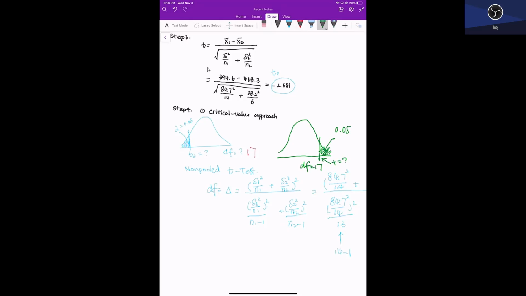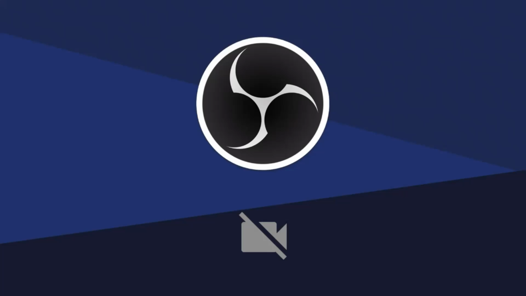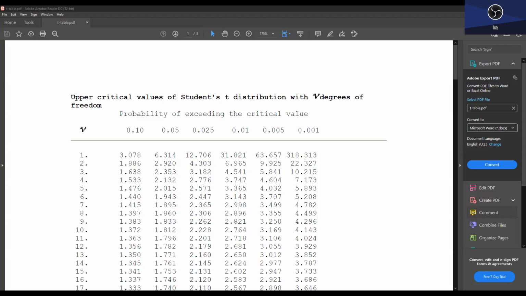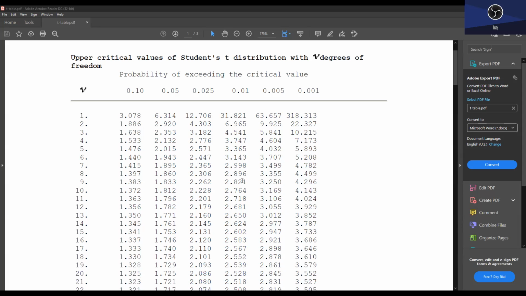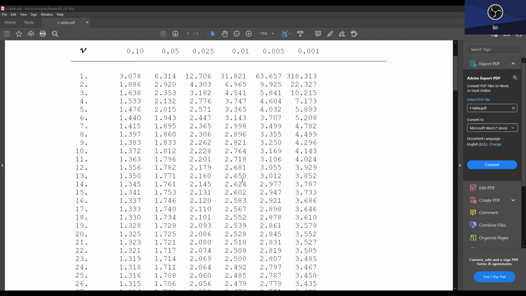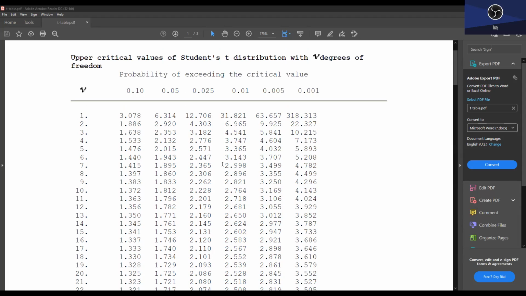Back to the table. I have uploaded a more accurate t-table on Blackboard, so you can download it. Or you're welcome to use any software or website which gives more accurate t-scores.